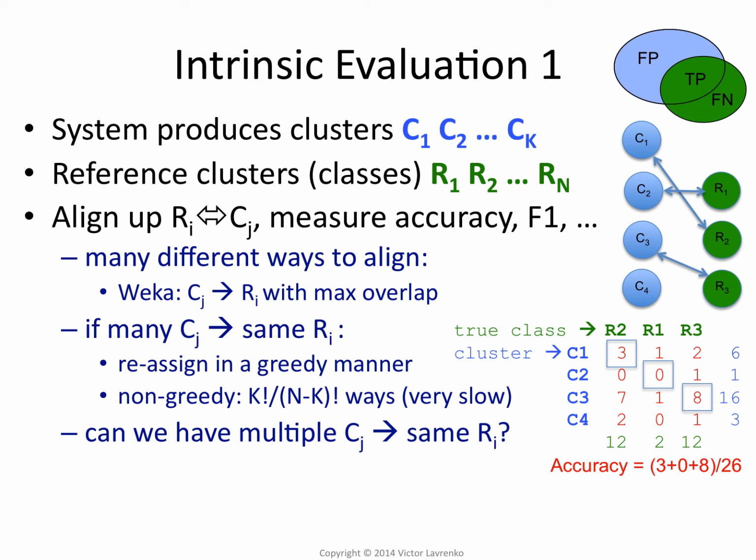And the overlap is going to be perfect. All of the points in the class will be captured by those singleton clusters. So you're going to get 100% accuracy through this evaluation measure. And of course, singletons are not a useful clustering. It's not something that would be useful to you. So the measure would be cheatable if you allowed multiple cluster assignments to the same reference class.